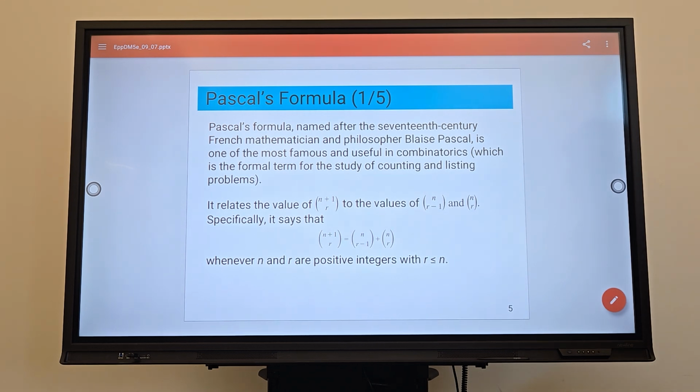It relates the value of n plus 1 choose r to the values of n choose r minus 1 and n choose r. Specifically, it says that n plus 1 choose r equals n choose r minus 1 plus n choose r, whenever n and r are positive integers with r being less than or equal to n.